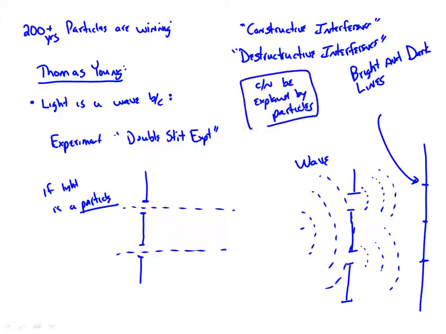And so here we have clearly that light is a wave, and that the wave phenomenon is the best way to describe it. Now, of course, people are going to say, well, no, we'll figure out a way to explain this with particles. But it turns out that you really can't explain this with particles.